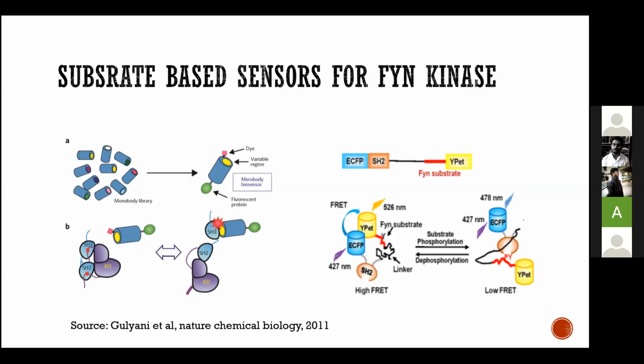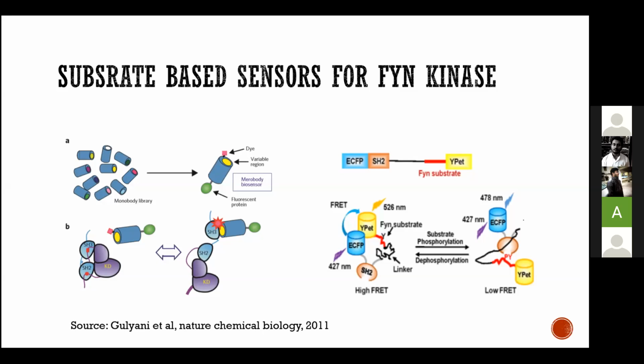On the right, there is this phenomenon called FRET happening. Just to clear out, molecular biosensors are divided into two categories: substrate-based biosensors and conformation-based biosensors. These are the broad classification of biosensors.